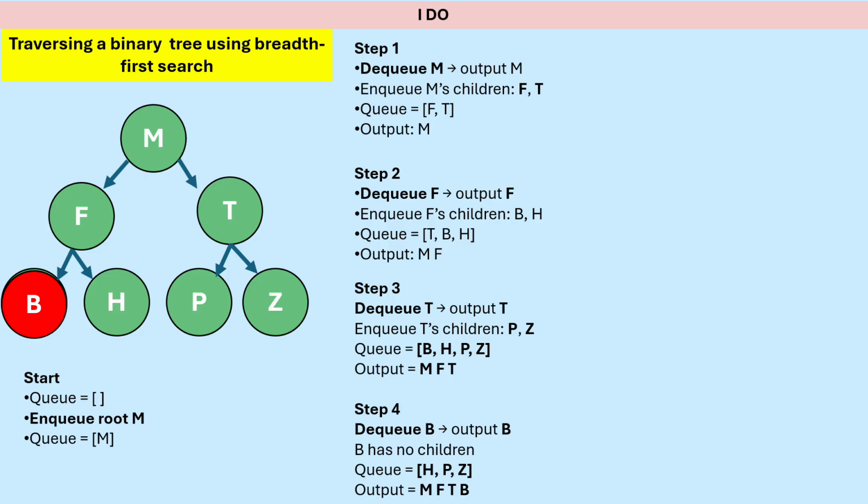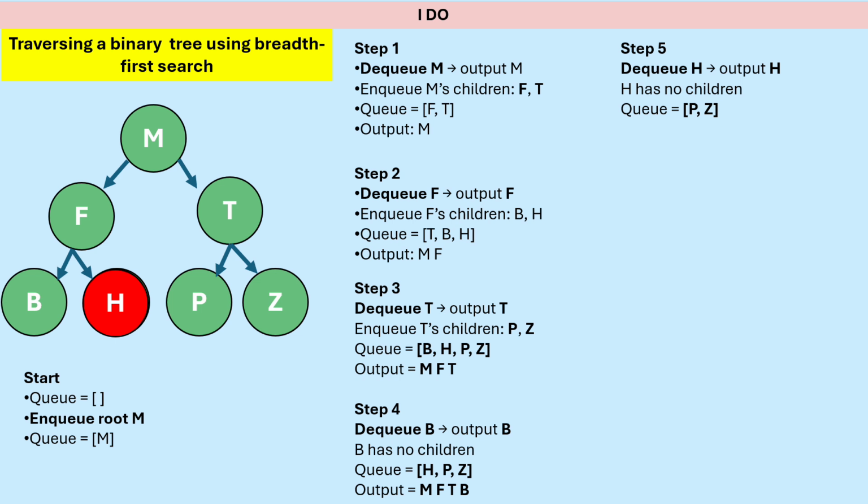We would have to dequeue letter H. H doesn't have any children, so what we have left in our queue is just P, Z. And then we output H.